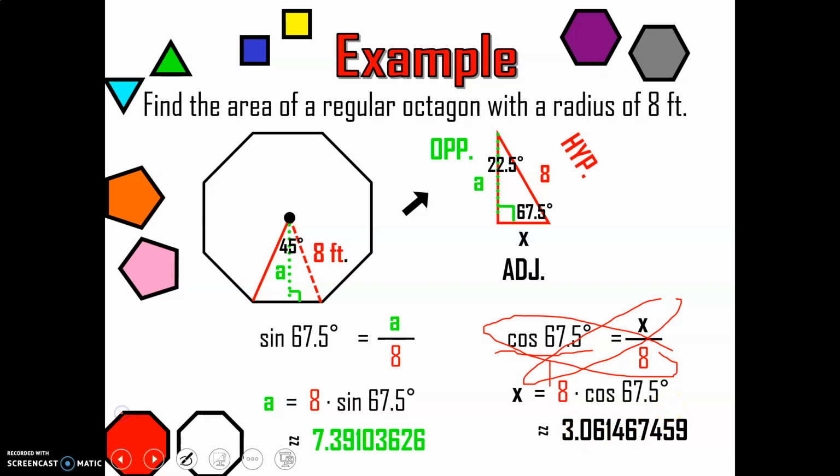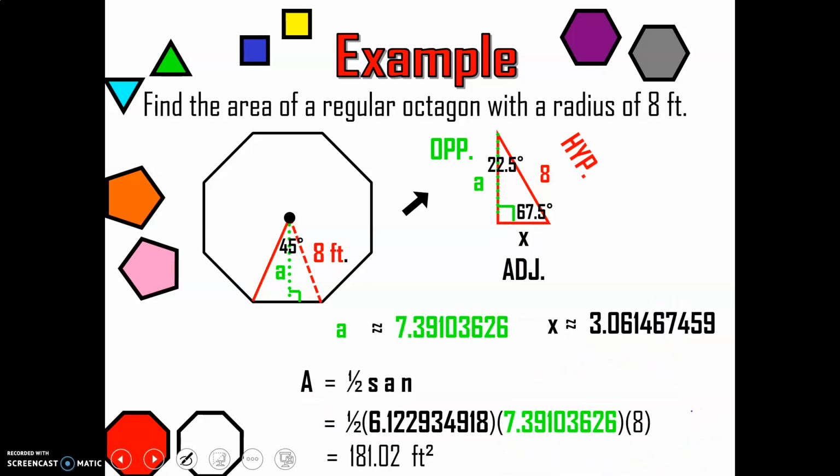Now, one thing to keep in mind is that this number is only half of the side that you are looking for. So this value is only half the distance of the full entire side. That means we're going to have to multiply this value by 2. We'll do that on the next slide because I'm out of room here.